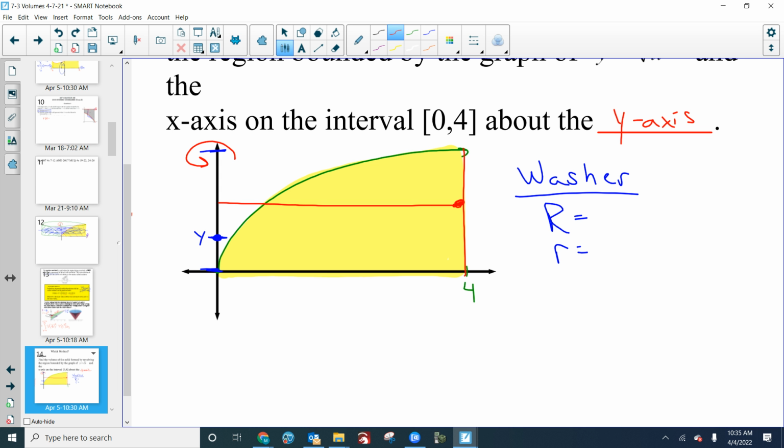X equals 4. This is the line. X equals 4. So is my outer radius x equals 4? And it's x equals 4.